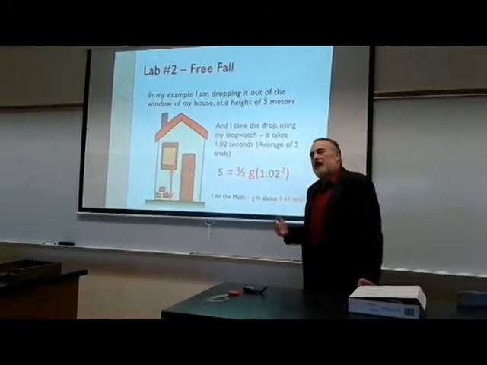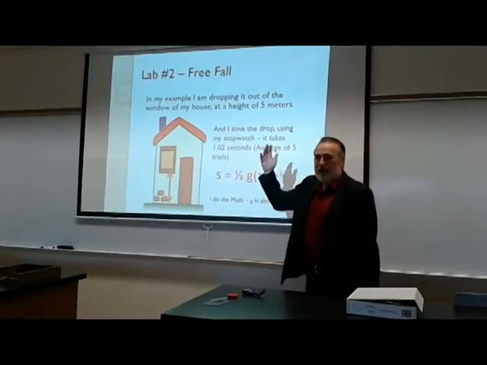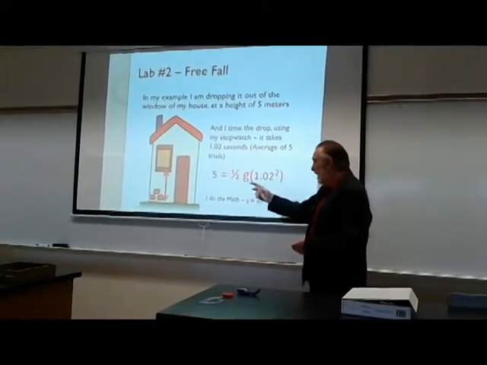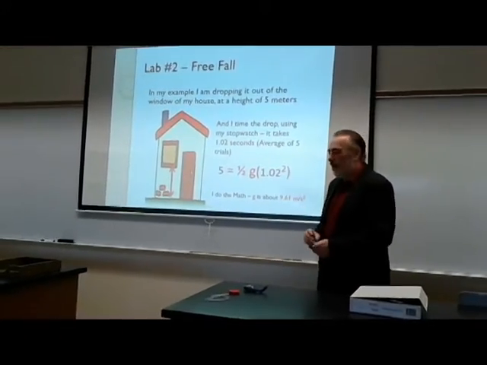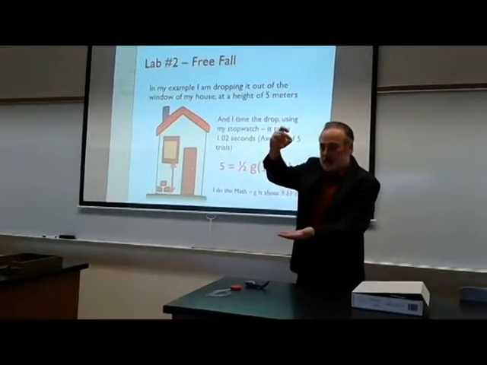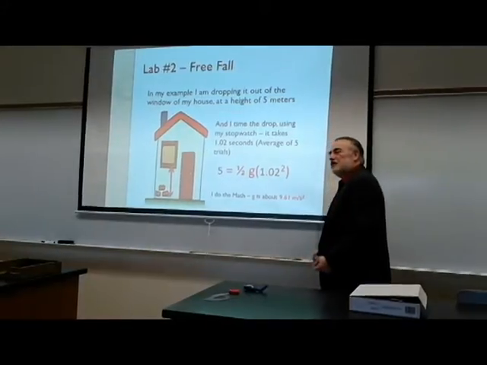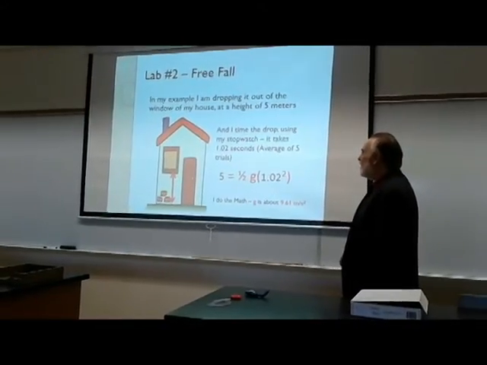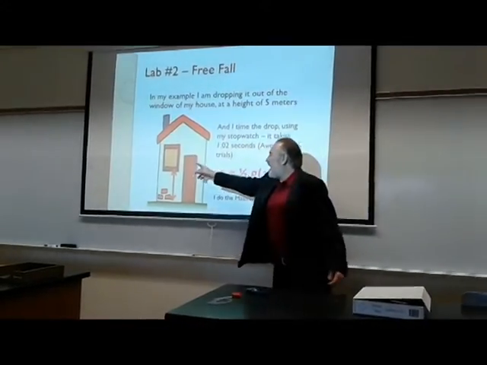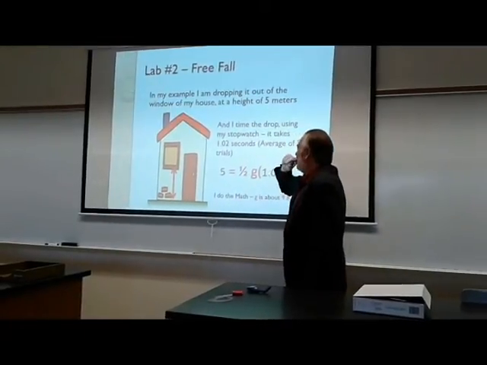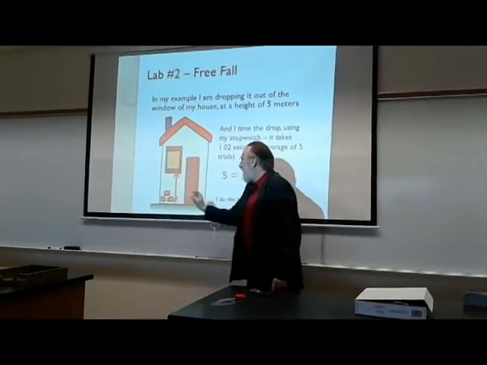Now you want to use something fairly high, maybe a high bookcase or something like I'm showing here that is 5 meters high, because otherwise, as you can see, it's a very, very short period of time for it to drop a small distance.